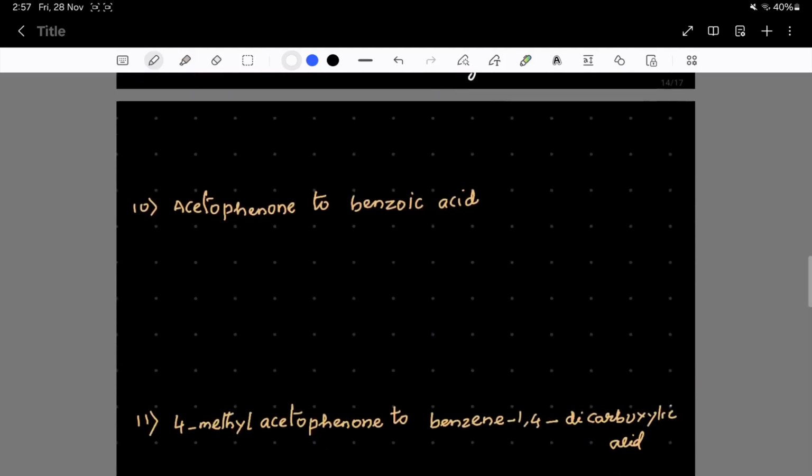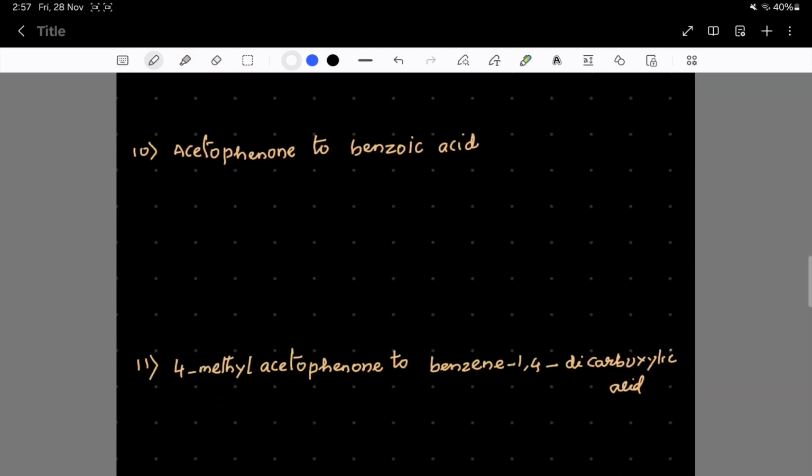Next, student, acetophenone to benzoic acid. Anything, student: aldehyde will be converted into carboxylic acid, and ketone is converted into carboxylic acid by using a strong oxidizing agent, that's it. Now look, you can take acetophenone. This is C double bond O, CH3, right?